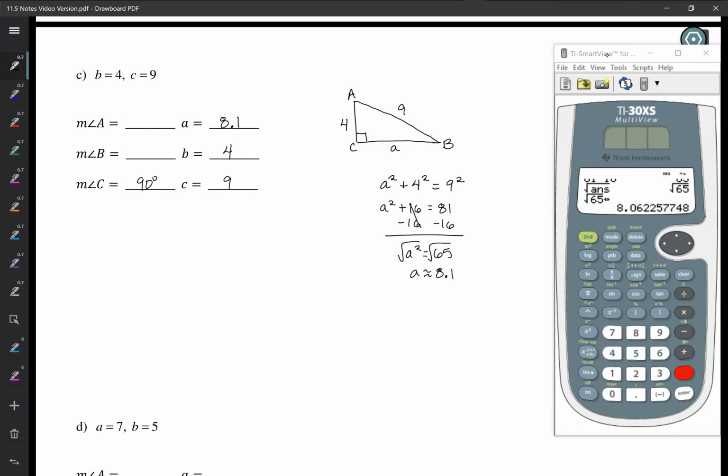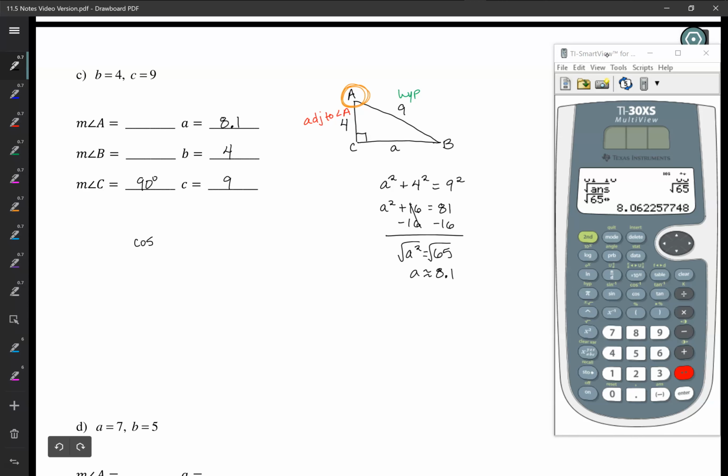Okay, decide which angle you're going to go for. So if I'm going to go for A, 4 is adjacent to angle A, and 9 is the hypotenuse. Adjacent and hypotenuse is cosine, CAH.